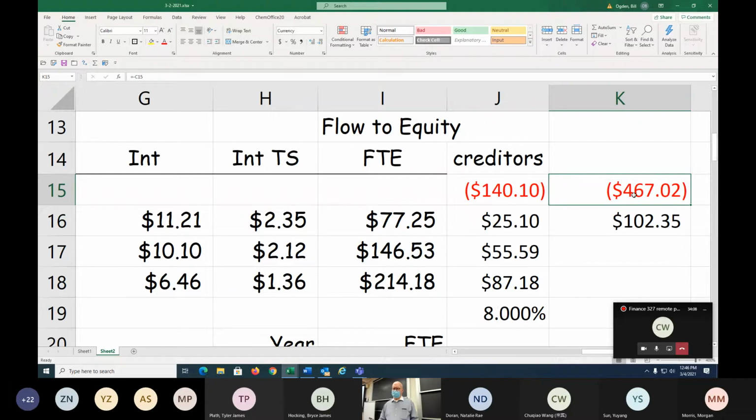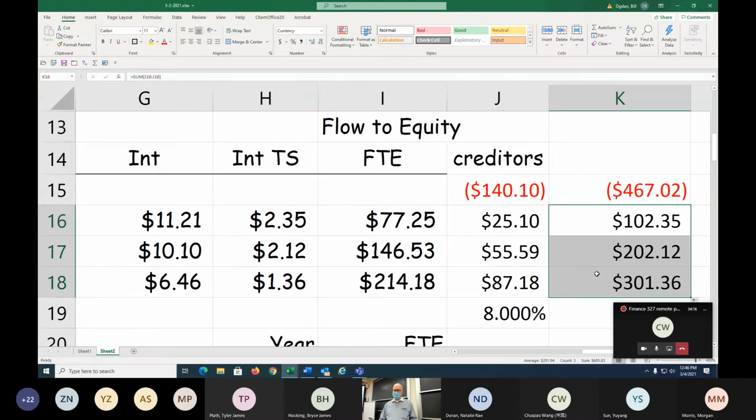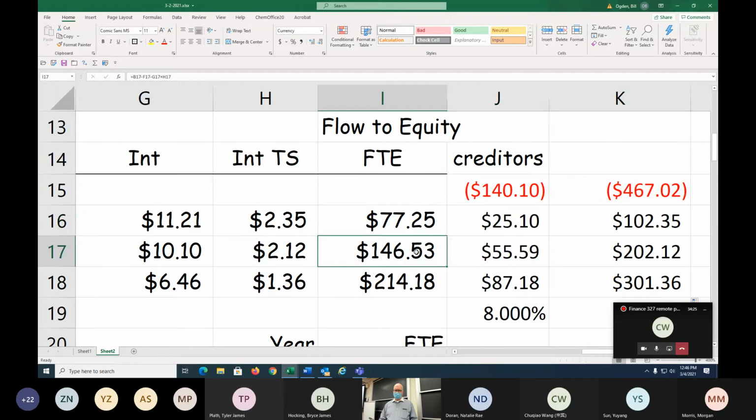So this is the market value of the assets. And if I copy all these down, what do I get? Yeah, I get these. So these assets generated these cash flows, right? Shareholder, creditor, shareholder, creditor, shareholder, creditor, right?